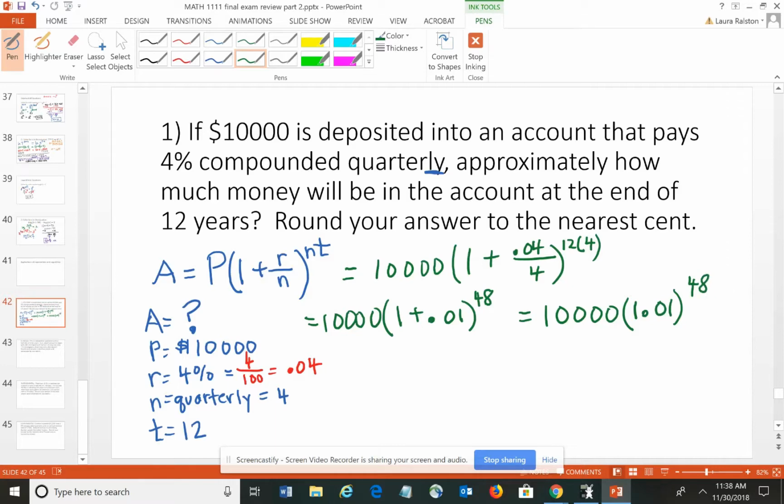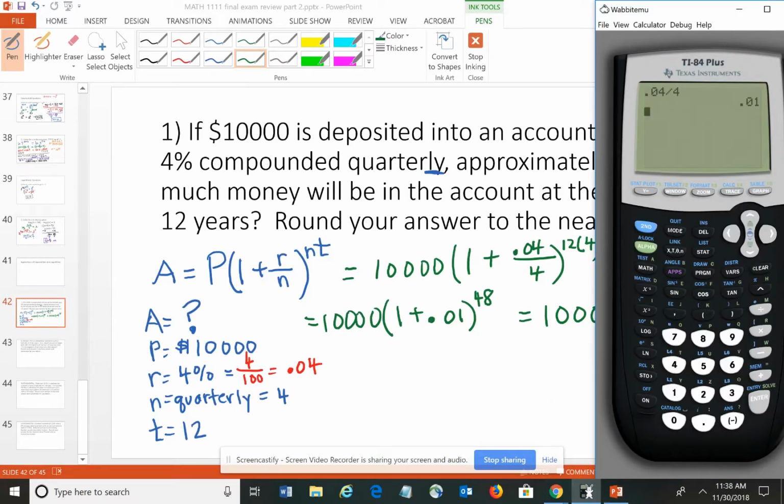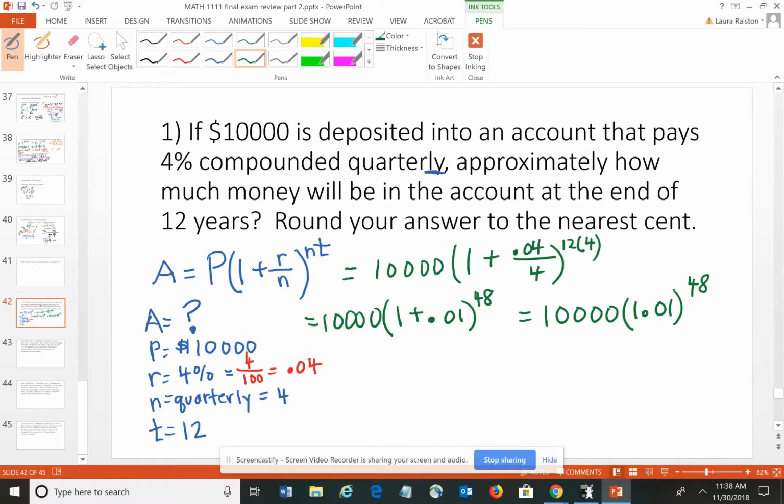And then I definitely want to get my calculator. So I'm going to add 1 to 0.01. I want to raise it to the 48th power, which gives me this big long decimal, 1.612226078.